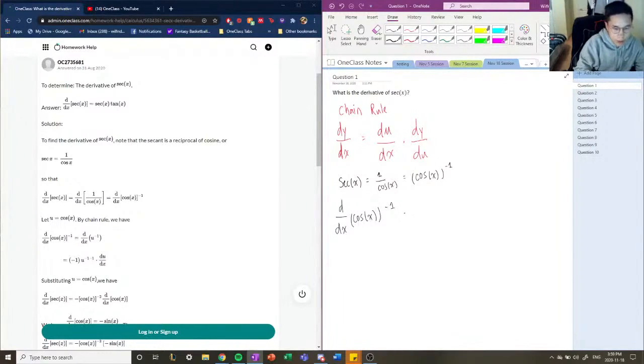So we have a function within a bigger function, right? So let u equal cos of x.